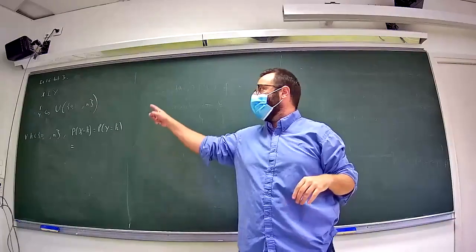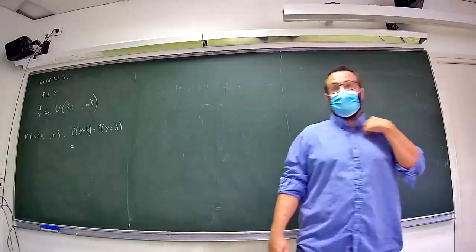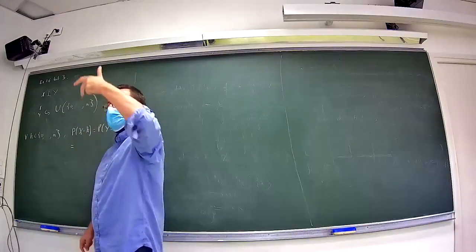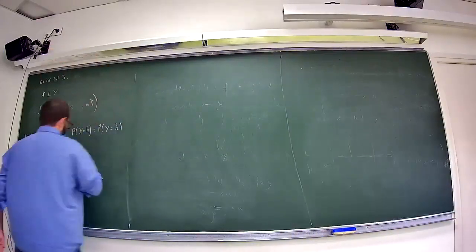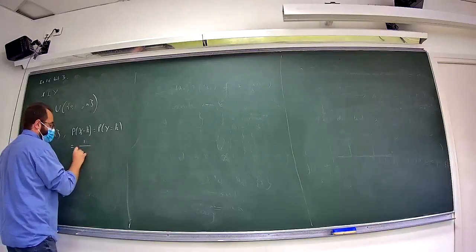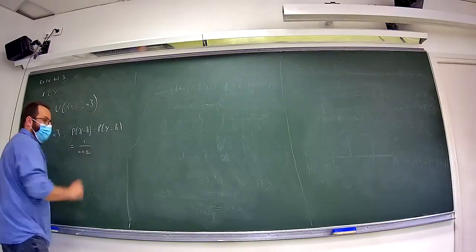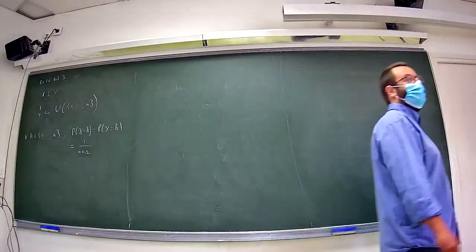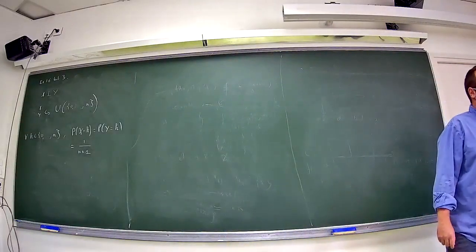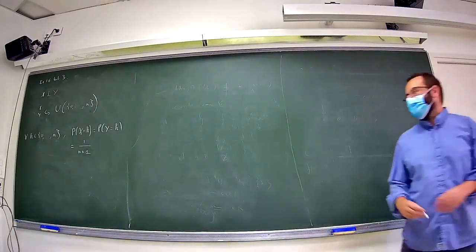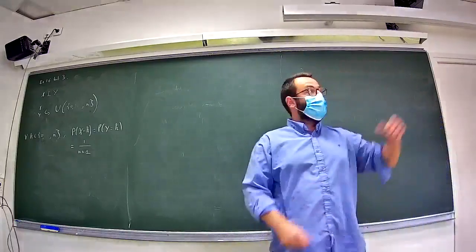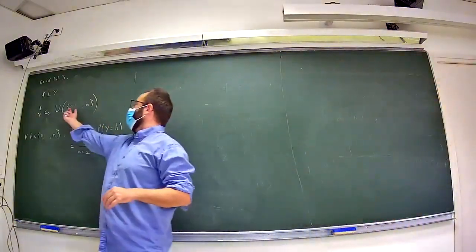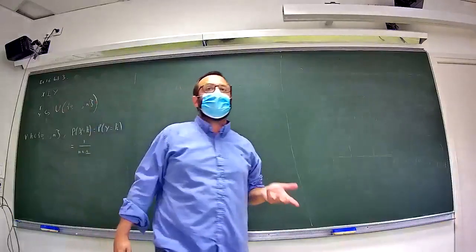How many elements here? n plus 1, not n. I start from 0: 0, 1, 2, up to n. So be careful, 1 over the total number of elements, and here I have n plus 1 elements. It should be possible to do exactly the same exercise with the uniform on 1 to n, but it's not the question of the statement.